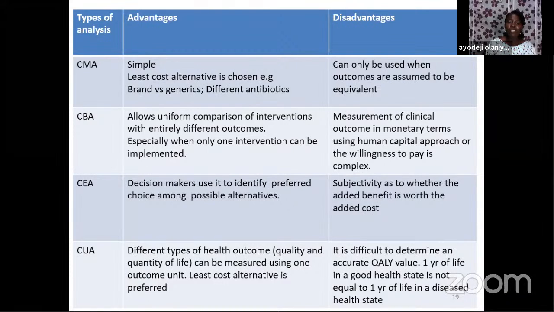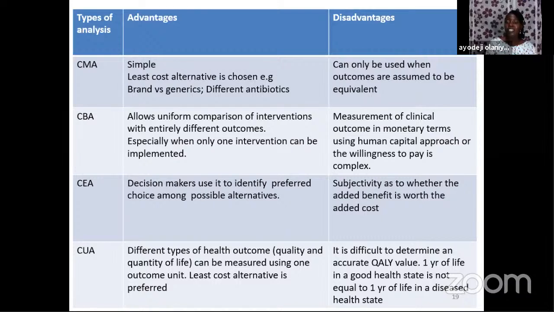Then we have the cost effectiveness analysis. That's the third one. Decision makers use this to identify the preferred choice among possible alternatives. Like you can see, when we did the cost effectiveness grid, about 9 drugs were compared. So the most preferred can easily be seen and identified.